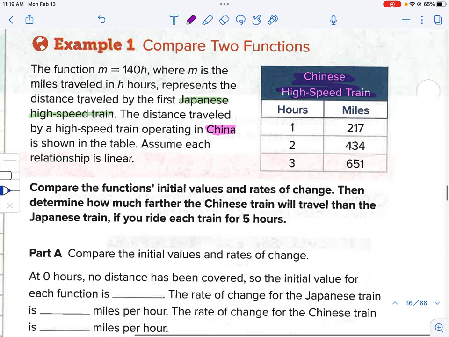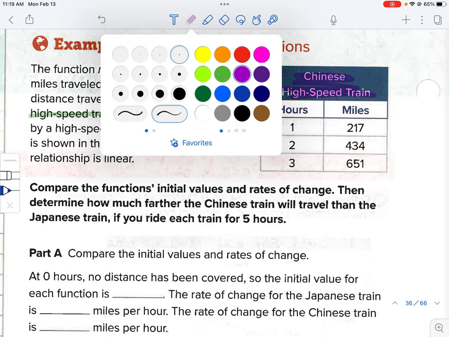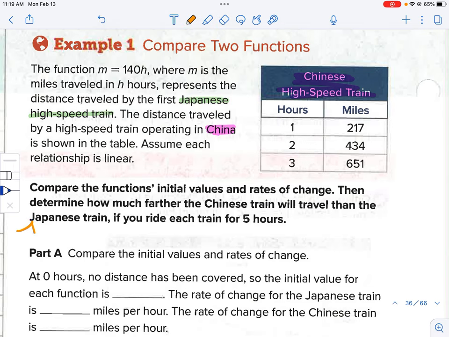Well, first of all, we have to figure out what those are. So if I'm talking about the Japanese, my equation is m equals 140h.